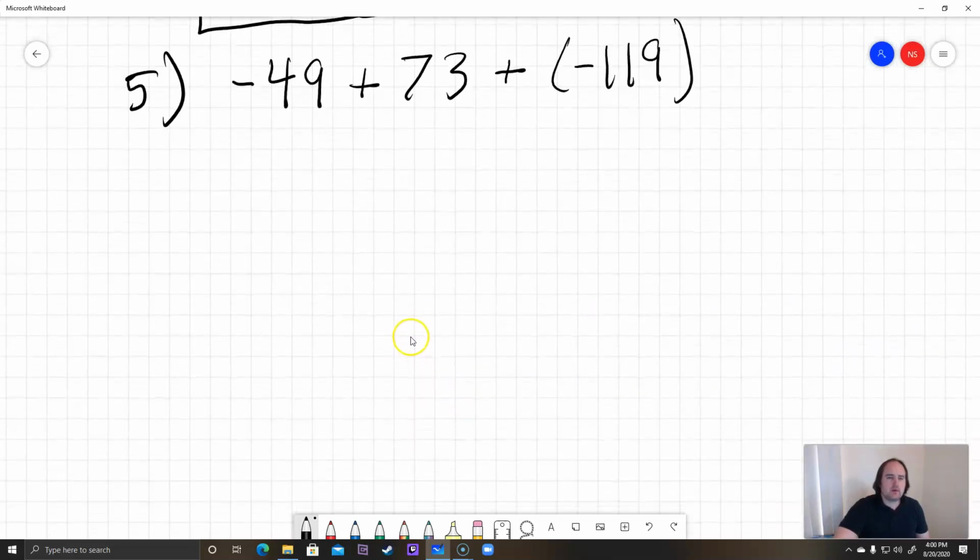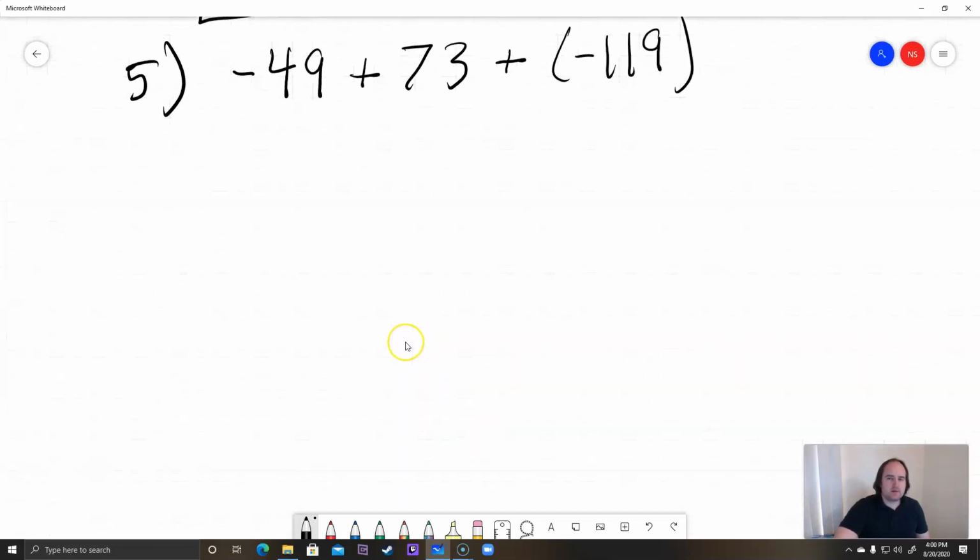Now, keep in mind that when you're adding, the order doesn't matter, so you can add these in any order you'd like. Me personally, I would combine the negative 49 and the negative 119 first, and then at the end we'll combine those with the positive 73.